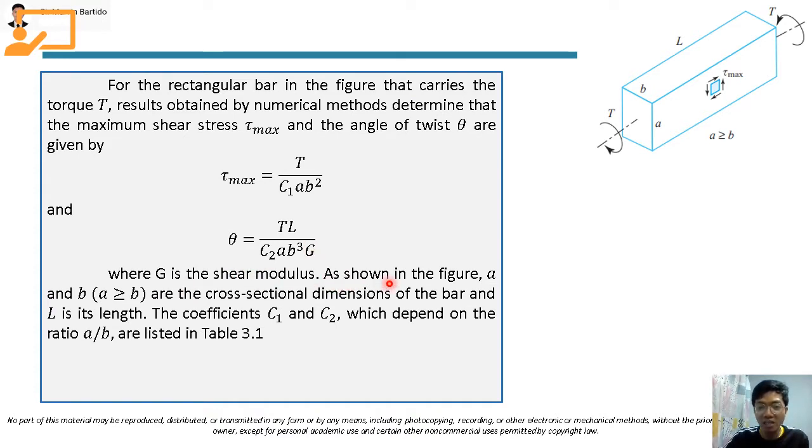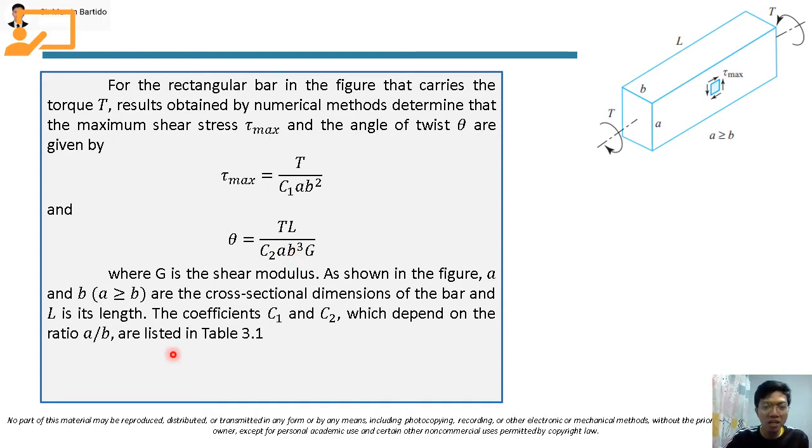Again, as shown in the figure, for A and B, class, A is always greater than or equal to B. So A here is always the longer dimension in the rectangular cross section.